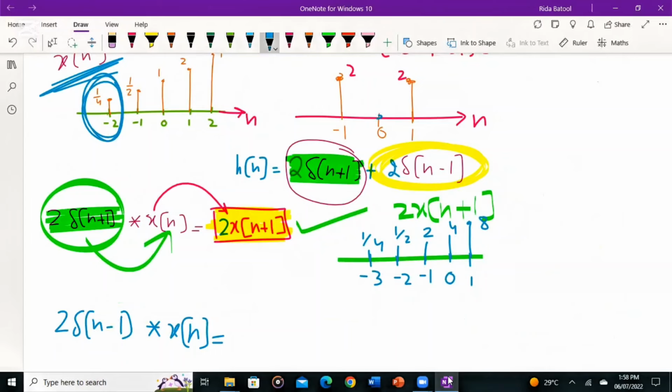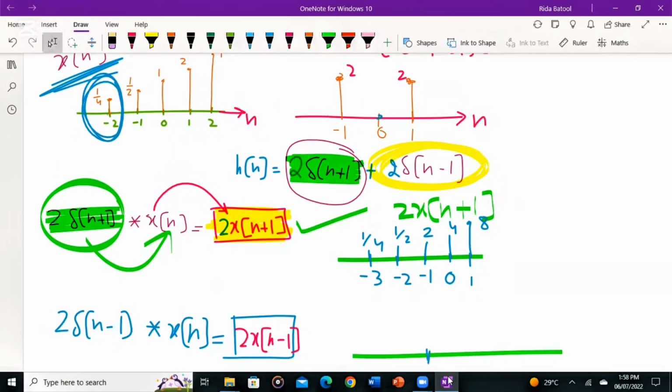Tell me the answer. Sir, 2x of n minus 1. Good. Can you draw 2x of n minus 1? Yes, sir. It will start from -2. -1, sorry. -1.